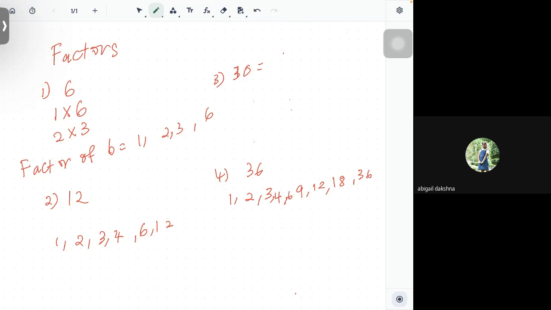Okay, for me, I will do it like this, very quick to get the factors. There's a gap between 4 and 6. The only gap is number 5, and number 5 cannot divide 36. Or you can also use your own method. These are the methods taught in your schools, maybe.